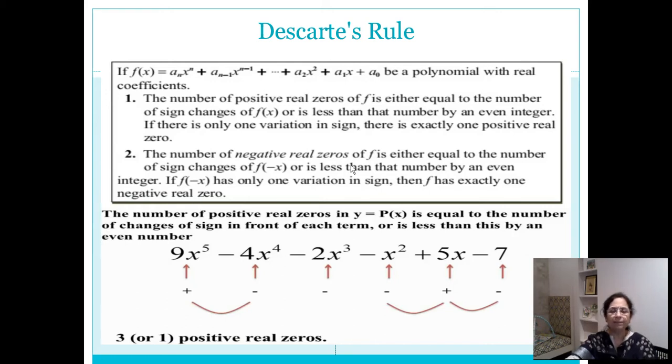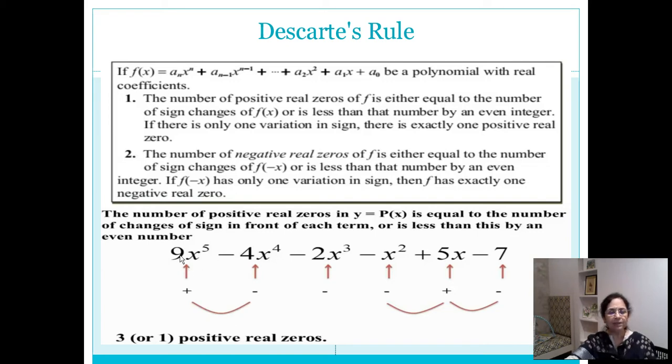So the same is applicable as for positive real roots. By replacing x by -x, when we count the number of sign changes, that is the indication of the possible maximum negative real roots. So this Descartes' rule is extremely useful for guessing how many positive and negative real roots may exist for the given polynomial expression.